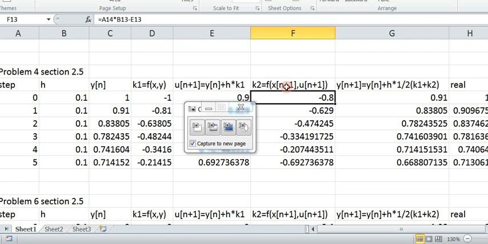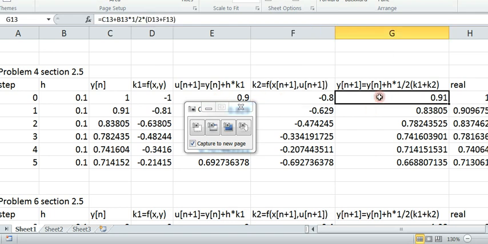I want the function at the next value of x, which is going to be 14 times h minus 13e, which is right there, okay? So that guy's right, and here we are finding the last formula we need, and then comparing it against the truth. So there's the truth, 2 exponential minus x, x minus 1.